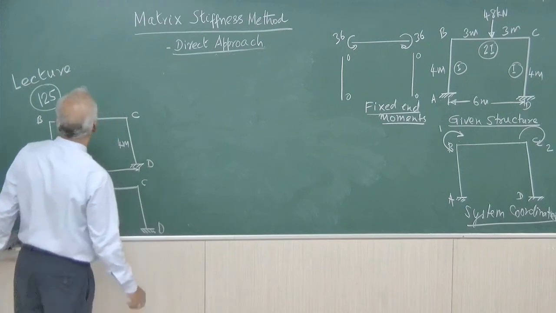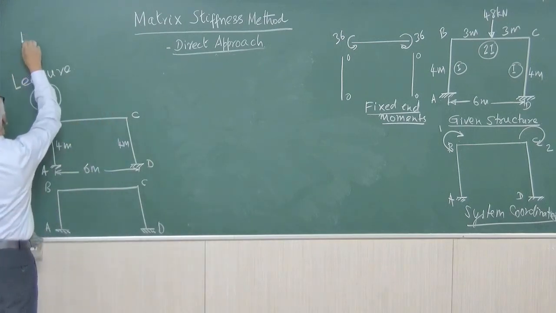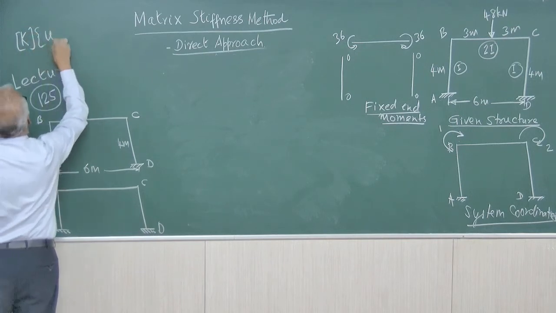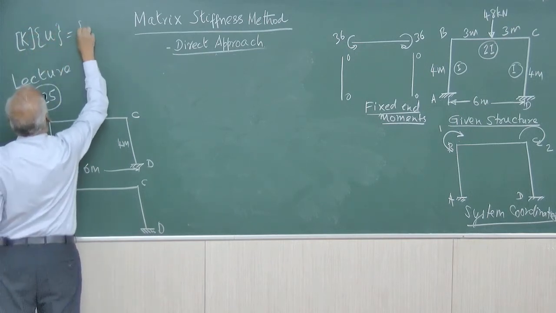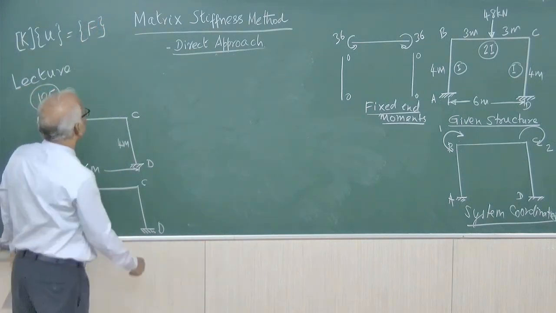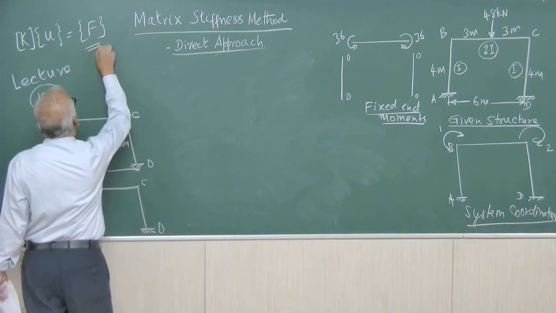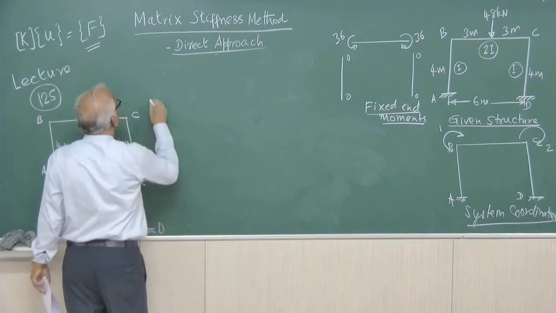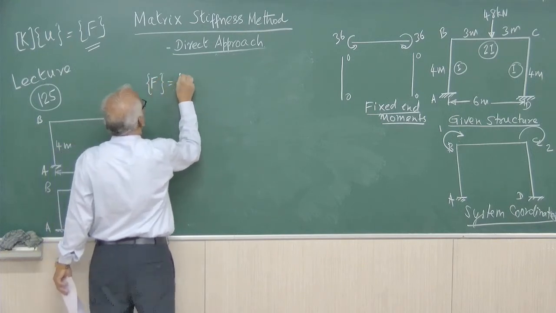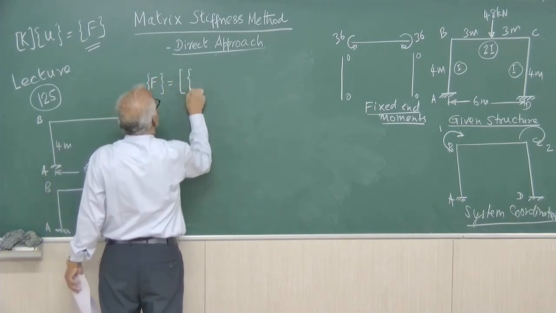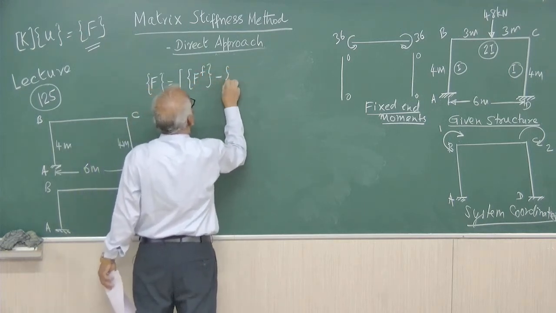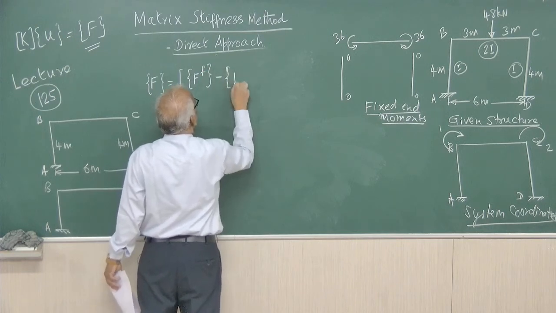We know that the equilibrium equation is K into U equal to F. This is the equilibrium equation. Now let us first find out the value of F. So F equal to F of F minus F naught.